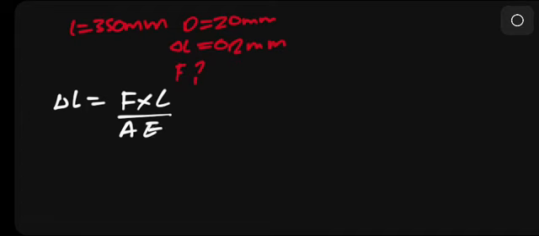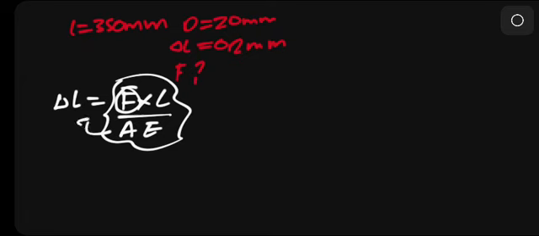This is the formula you're supposed to know. We want the force, so we can make the force the subject: change in length multiplied by A times E, divided by L.